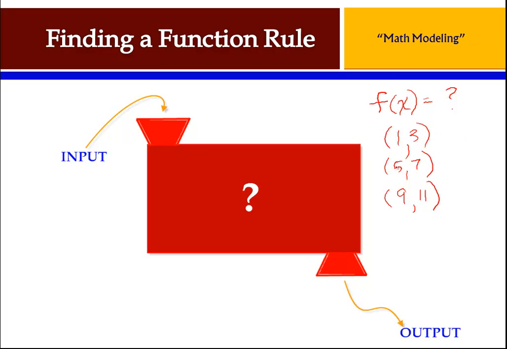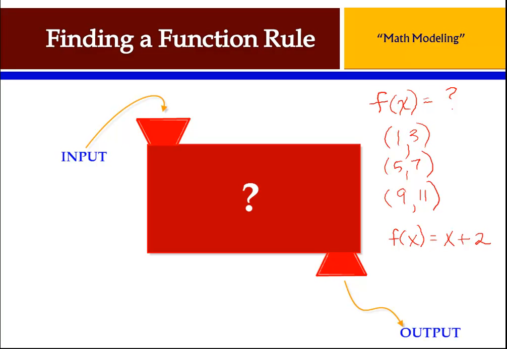If a 5 goes in, a 7 comes out. And if a 9 goes in, an 11 comes out. So by observing what's happening here, I can look at the relationship between the input and output, and I can come up with a rule here that I think you'll agree with, and that is that you take the input value and you add 2 every time.